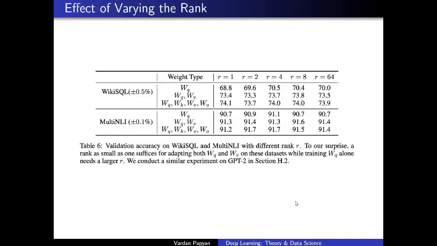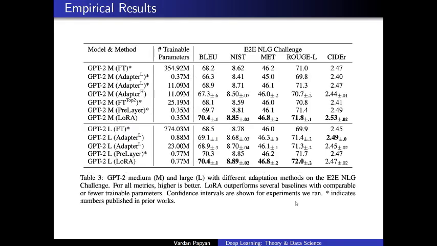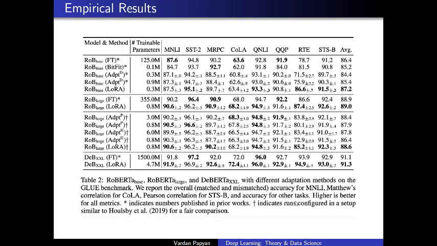Let me go to the previous slide. As you can see, in full fine tuning of, for example, Roberta, we have 125 million parameters, but in LoRA we have only 0.3 million.